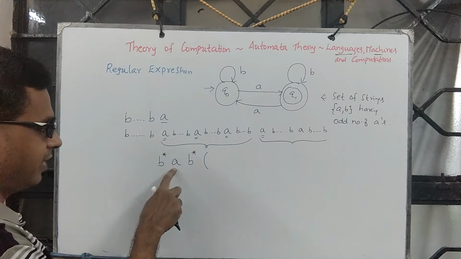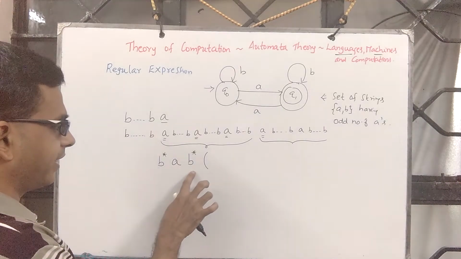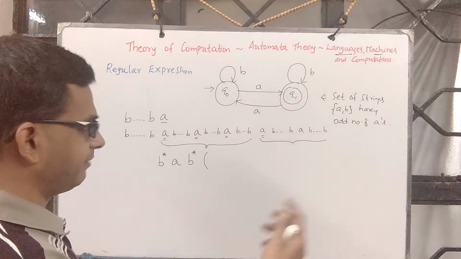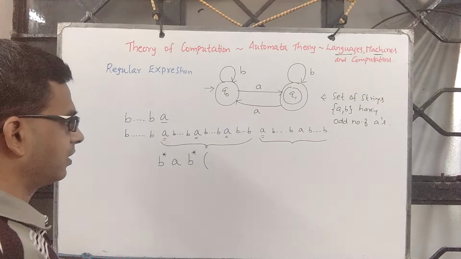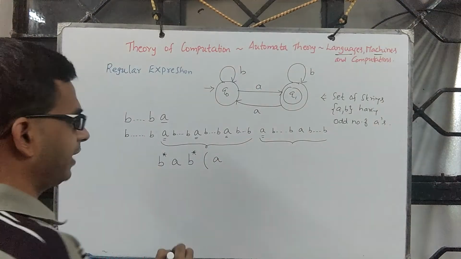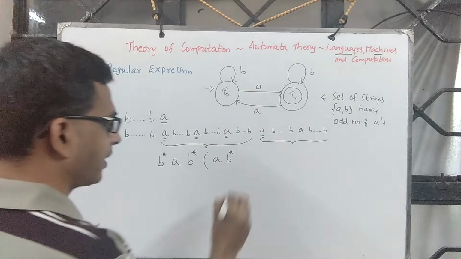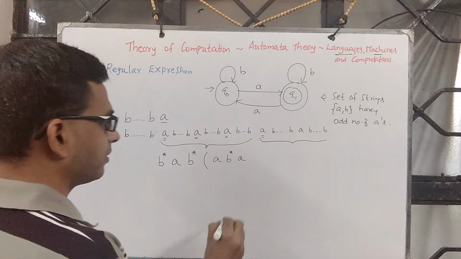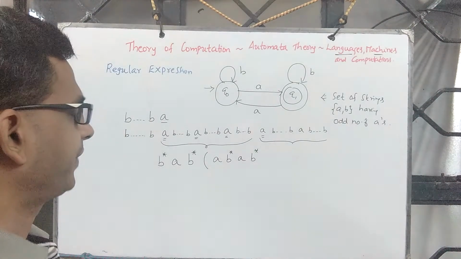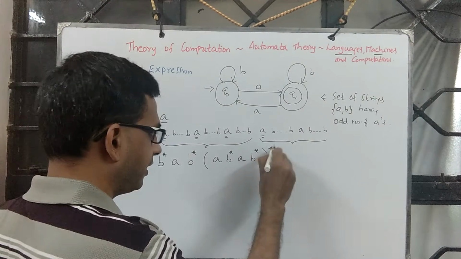So you may just read a, we are done, or a sequence of b's followed by a followed by a sequence of b's, we are done. Now we need to generate 3, 5, 7 and all that. So how is that happening? You read a, then a sequence of b's, then you read a and a sequence of b's. And this can repeat.